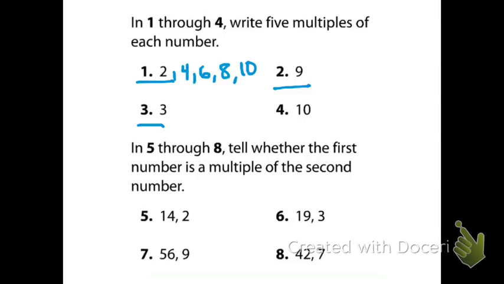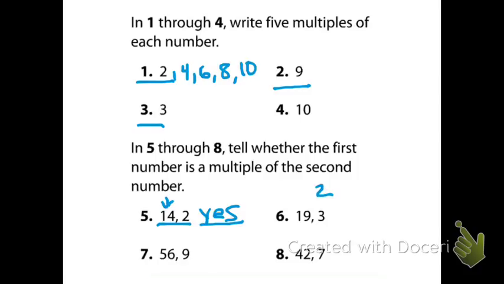We're going to look at number 5. For 5 through 8, it says to tell whether the first number is a multiple of the second number. I'm looking at 14 and 2. What this is asking me to do is look at the first number, 14, and ask if I went up by 2s, would I ever end up getting the number 14? I know my multiplication facts, so I know that it is a yes, but I'm going to show you why.